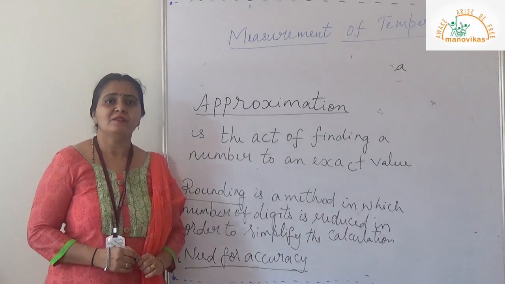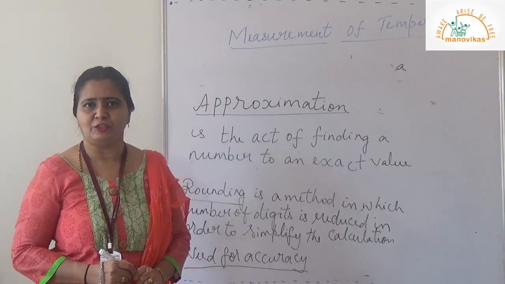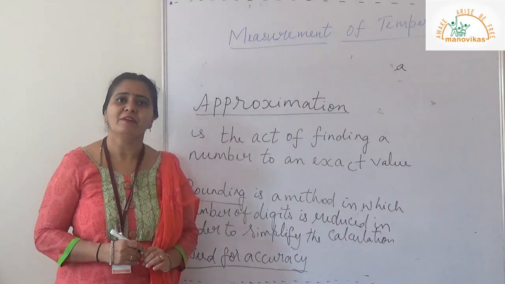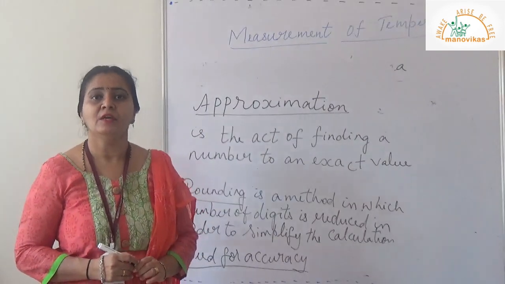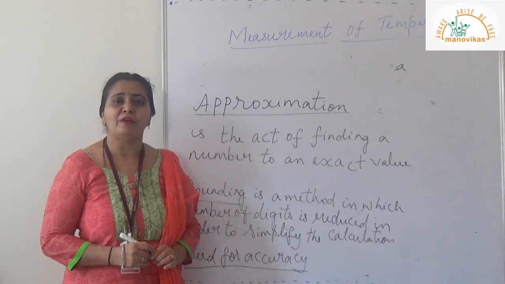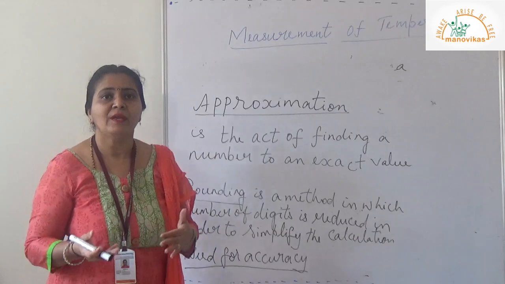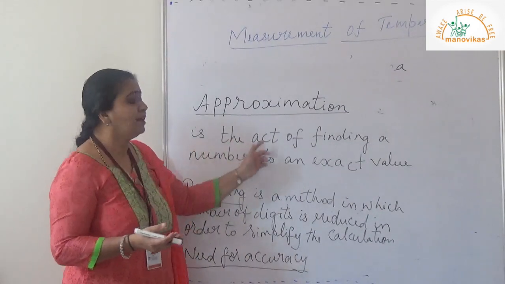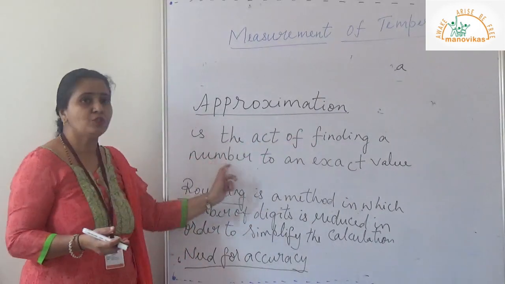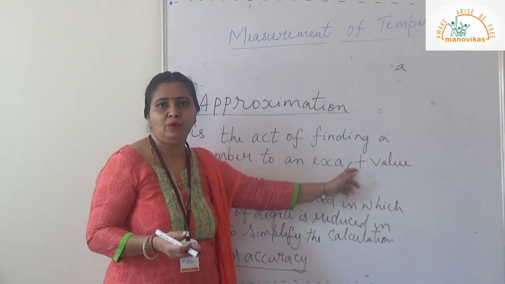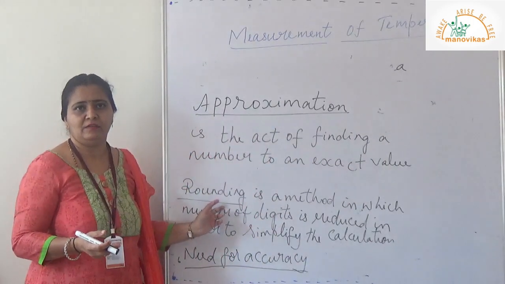Now students, let us learn about what is approximation. Approximation means it is a rough calculation or an estimate in which the measured value is very close to the desired value. And it can also be explained as the act of finding a number close to an exact value. Now let us see what is rounding.